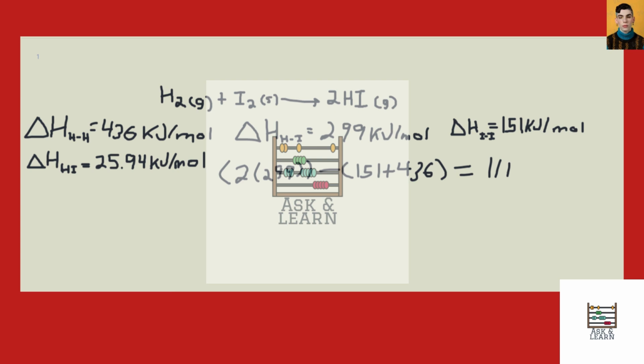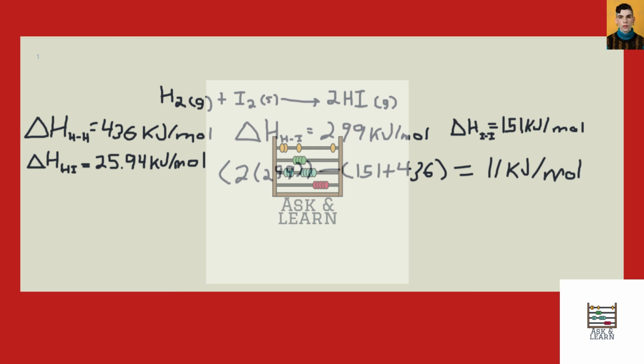11 kilojoules per mole. Now for part B, they want us to guess whether the estimate we made in part A for our delta H is more or less negative than the true reaction enthalpy. I'm going to say it's probably going to be more negative than the reaction enthalpy, because in this reaction we're looking at I2 in its solid state.